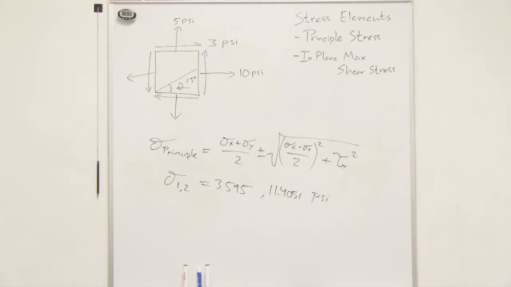And so we find that our maximum is quite a bit more than 10 psi, like we saw in this other one. It's 11.4, which is even more than the other element that we looked at when we rotated it just a little bit.